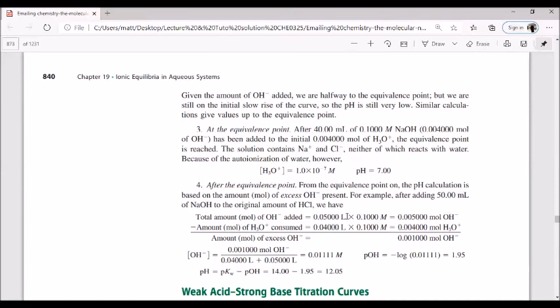For the hydronium ion, 40 ml of 0.1 molar is 0.004 mole. So the amount of excess hydroxide is 0.001 mole hydroxide ion.